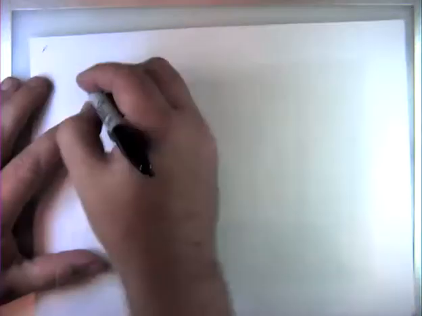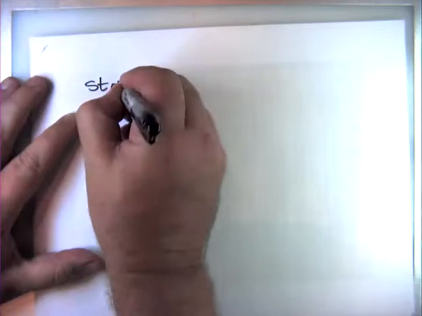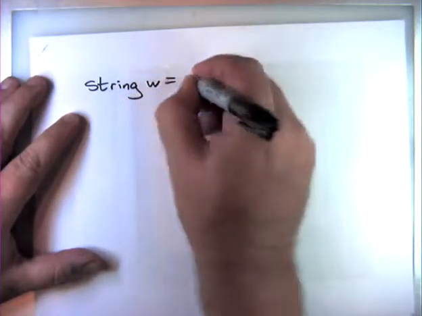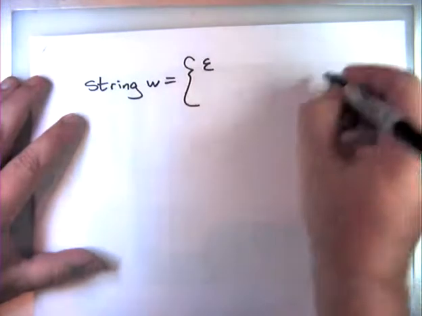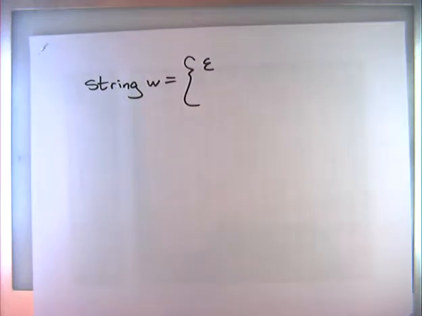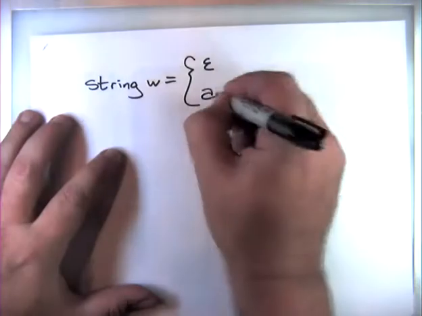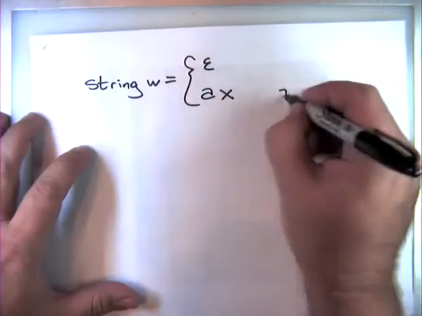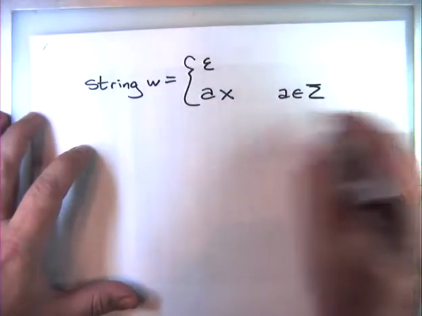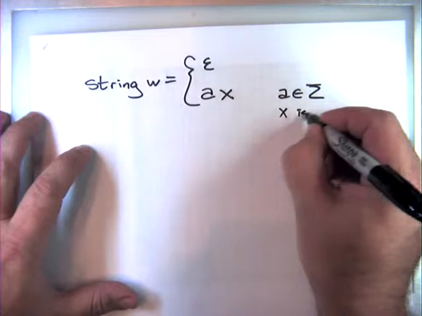Okay. Now, generally, again, the way we would normally write this is, a string W is either epsilon, just a special symbol that means nothing, or it's AX, where A is a symbol and X is a string.